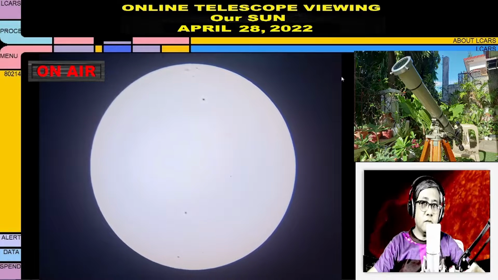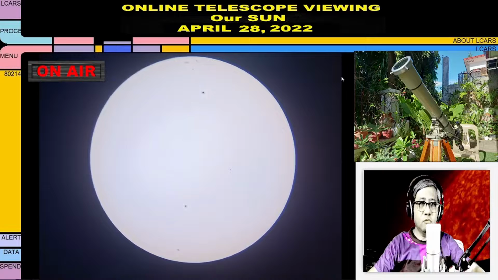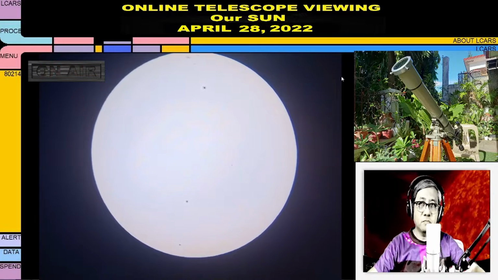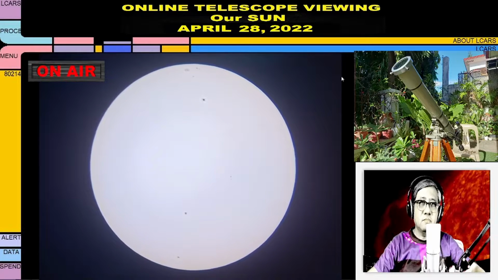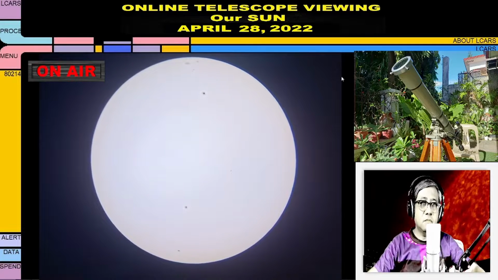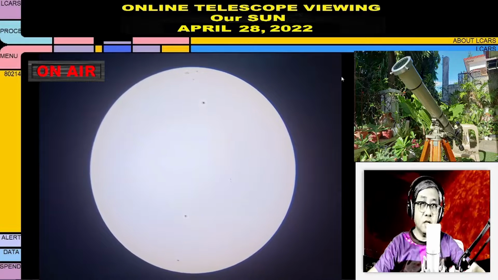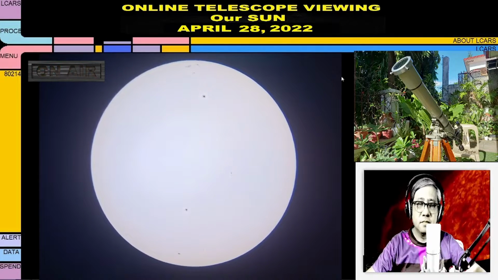And these magnetic fields are so strong that they keep some of the heat within the sun from reaching the photosphere or the visible surface of the sun. Kaya medyo sila darker because they are cooler than the surrounding photosphere.